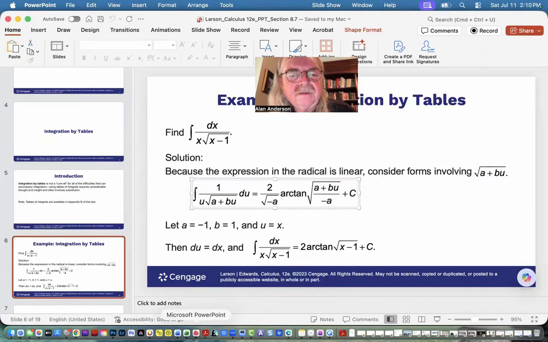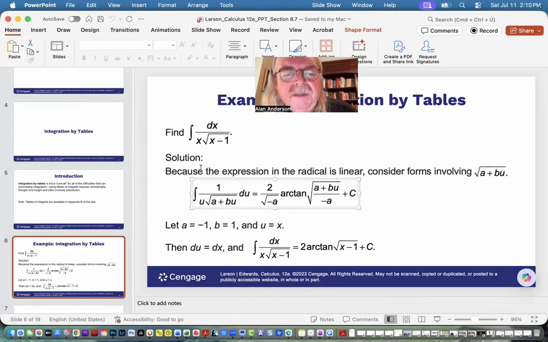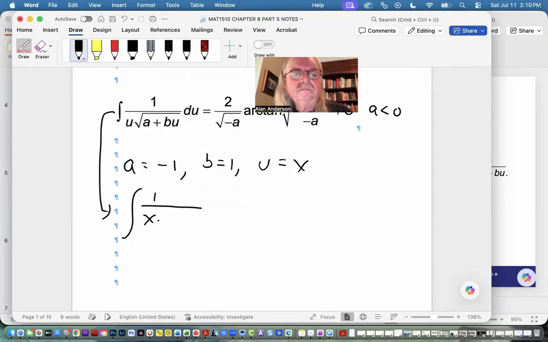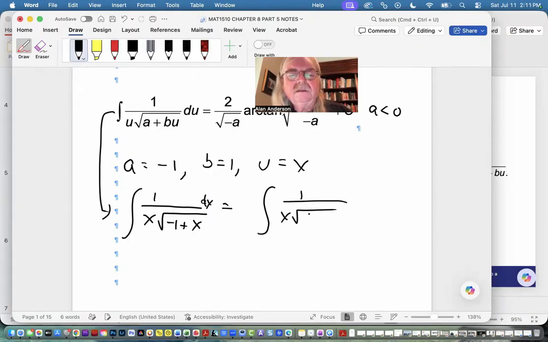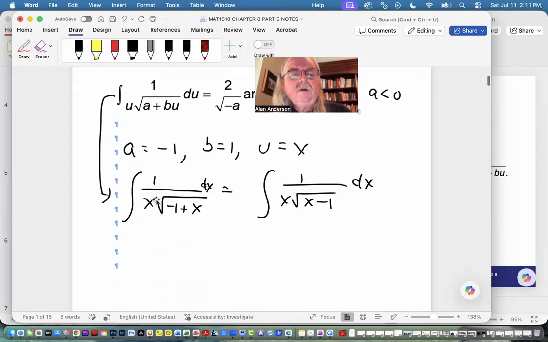So the recommendation is if we let A be -1, B is +1, and U is X, then we have dx, which we could rewrite as, and that is in fact, let's copy this down here, what we have.